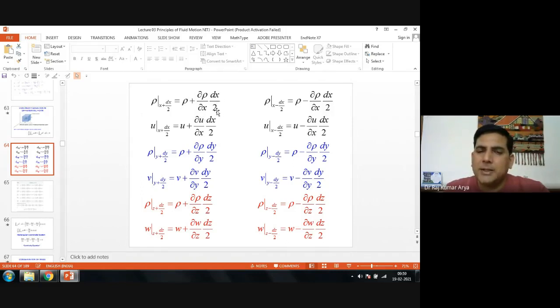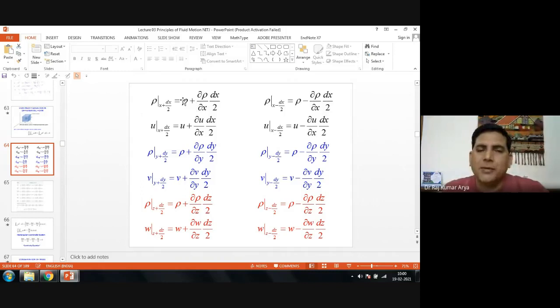You are not considering the higher order terms, like del square rho upon del x square times dx by 2 to the power 2, and so on, because dx is a very low quantity, so the square term would be very low. You cancel all higher order terms and consider only the first order, so this is the Taylor series expansion up to first order.